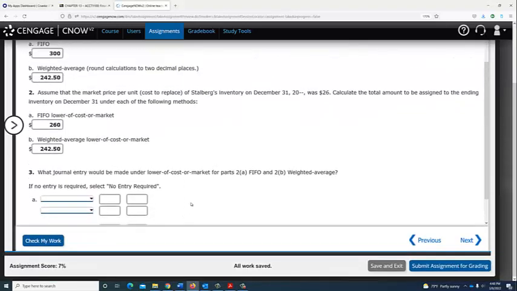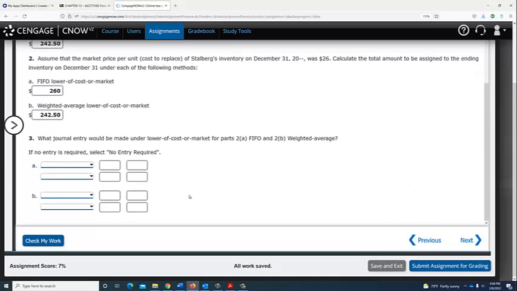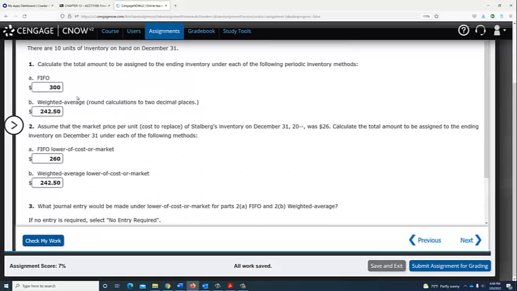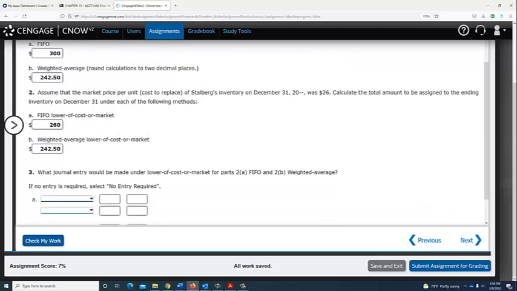Now, when your inventory is written down, like in number 1 or number 2A, we had our inventory at 300, but then we wrote it down to 260 because market was lower. So we've got a $40 loss that we need to take.